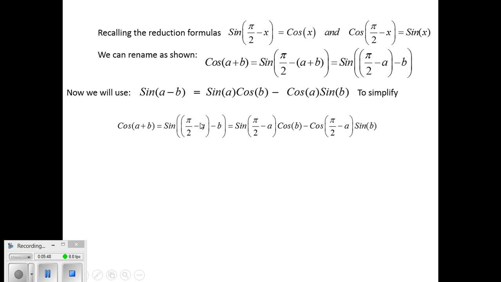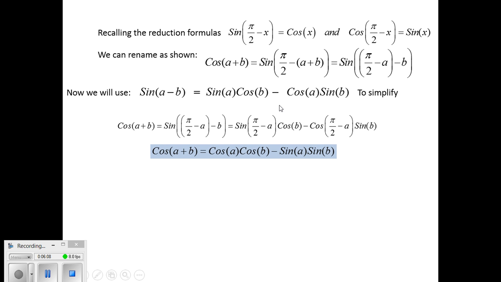Now we're going to just call on this formula: the sine of the first, the cosine of the second, minus the cosine of the first, sine of the second. And now by definition, we'll realize that the sine of pi over 2 minus a is what? The cosine of that angle a.